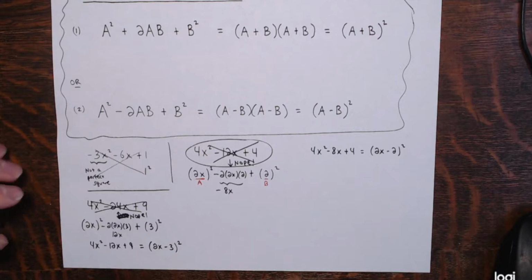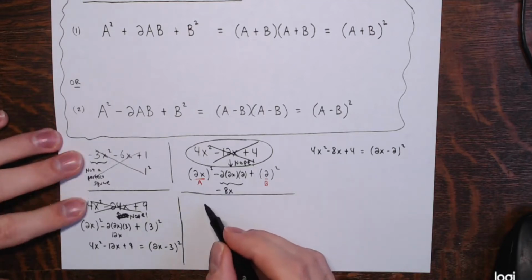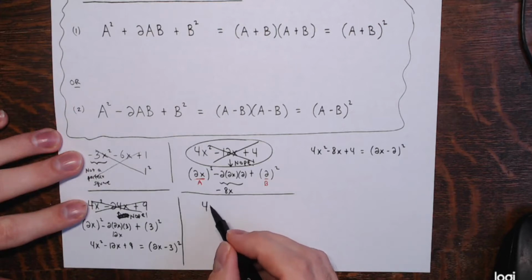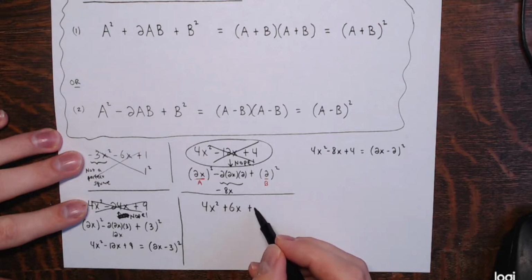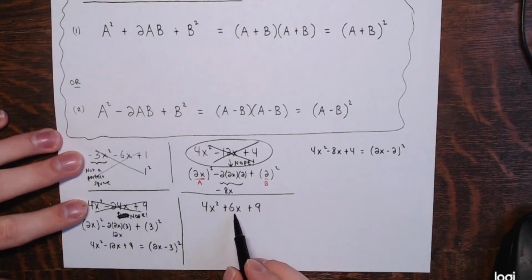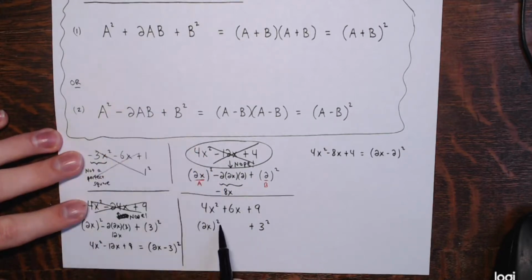How about the next one? Right, the next one they gave us was 4x squared plus 6x plus 9. So again, we have 2x to the second. We have plus 3 to the second at the end. If this middle term is plus 2ab, plus 2 times 2x times 3, then we're good.